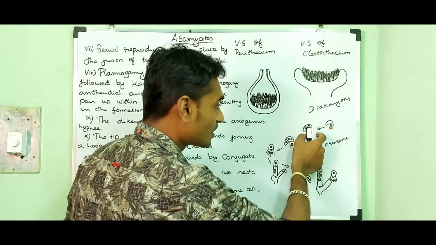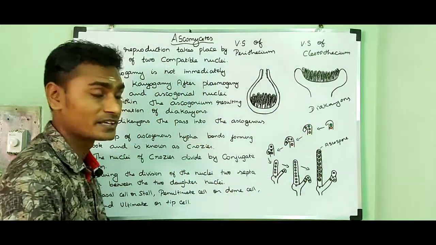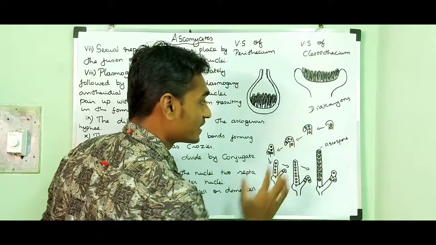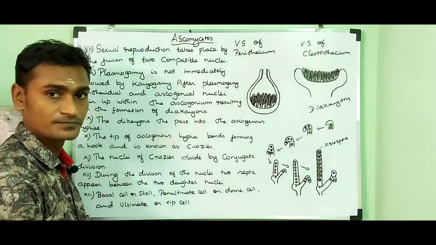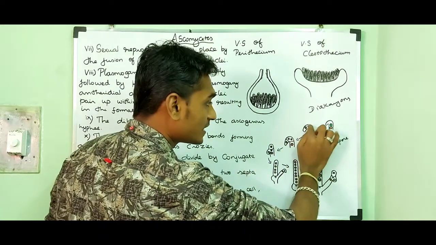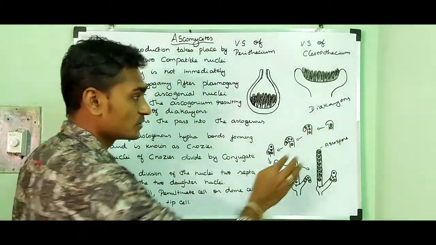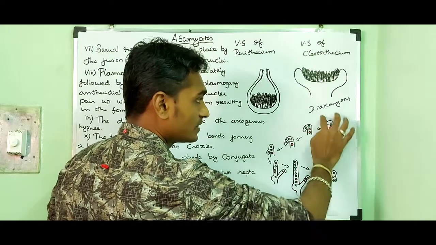So here you can find four nuclei. The nuclei divide by conjugate division, and they are parallel to each other. So in the first step you can find the dikaryon.